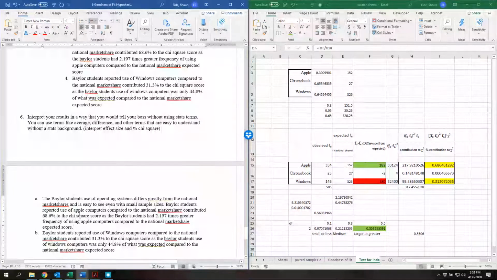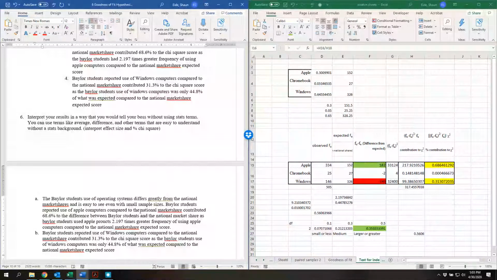Also, when you say here, Apple computers compared to the national market share contribute 68.6% to the difference between Baylor students and the national market share, as Baylor students used Apple products 2.197 times greater frequency compared to the national market share.